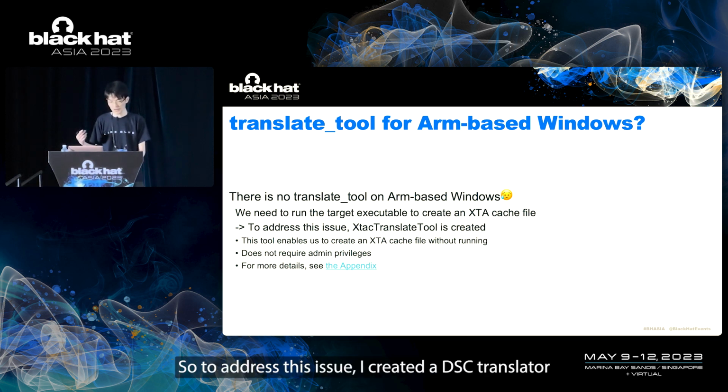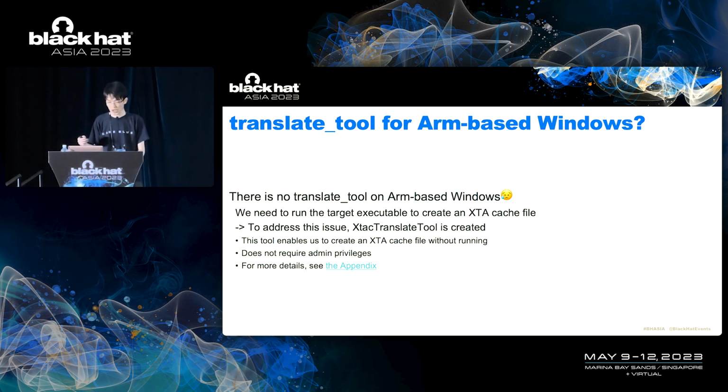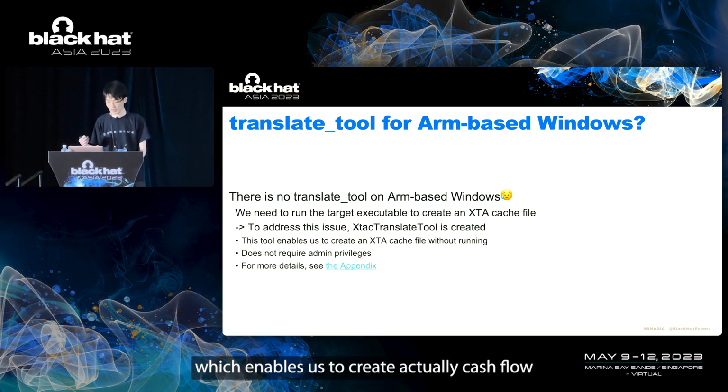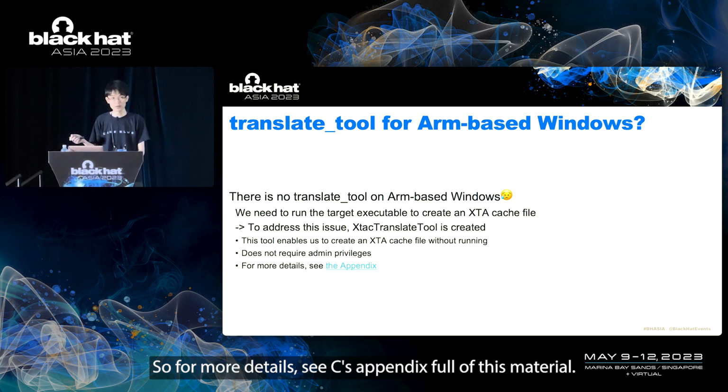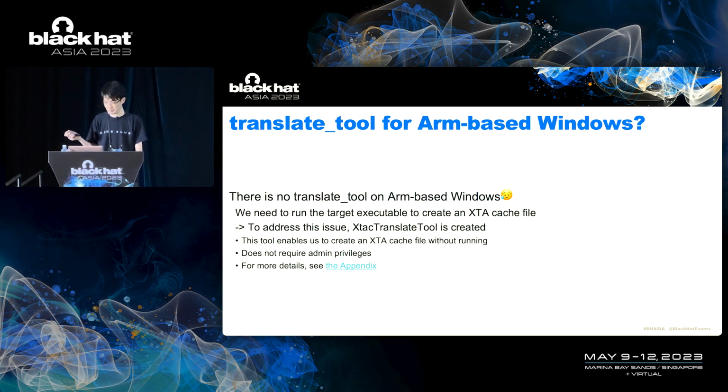To address this issue, I created the XTAC translate tool, which enables us to create an XTA cache file without running the target executable. Of course, it does not require admin privileges. I don't have enough time to explain how this tool works inside, so for more details, see the appendix of this material.